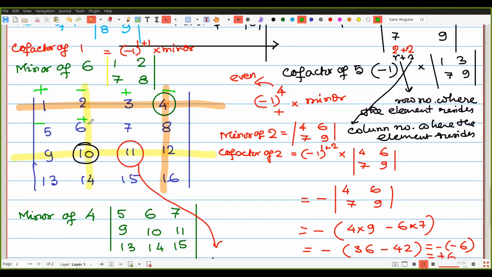Then minus, plus, minus, plus. Then plus, minus, plus, minus. Then minus, plus, minus, plus.